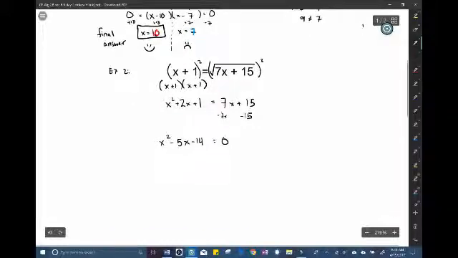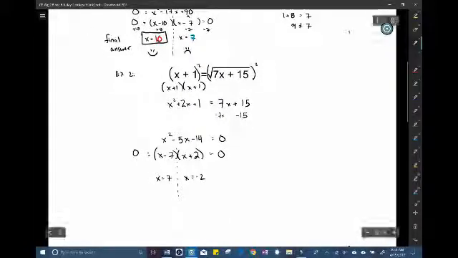We'll try and factor again. Fortunately, x minus 7 and x plus 2 will get us to where we need to go. And we have then solutions of x equals 7, or possibly x equals negative 2. So again, check both of these. We're going to check 7, and we're going to check negative 2.